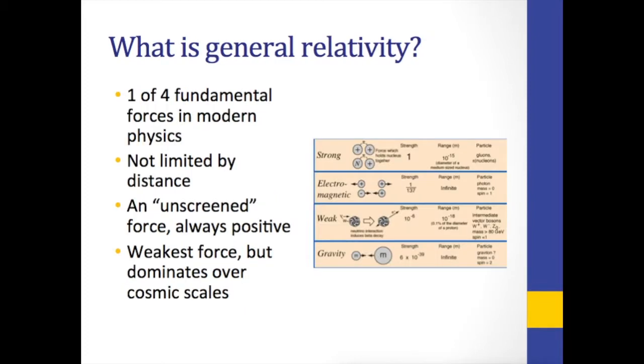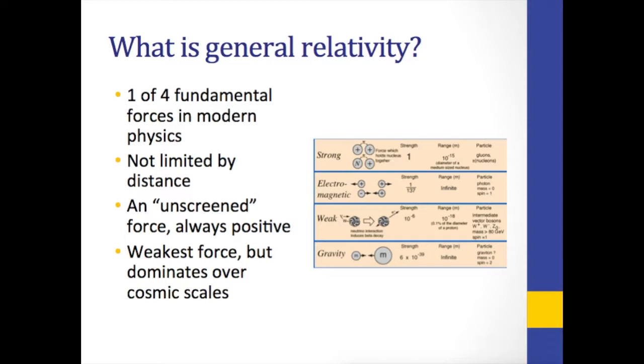So what is gravity in modern physics? It's one of the four fundamental forces, along with the strong force, the weak force, and the electromagnetic force. Unlike some of these forces, though, it's not limited by distance. It doesn't have a repulsive force, which means it's always positive. It is always going to be pulling in, so it's unscreened.